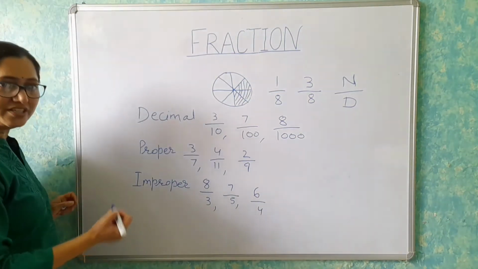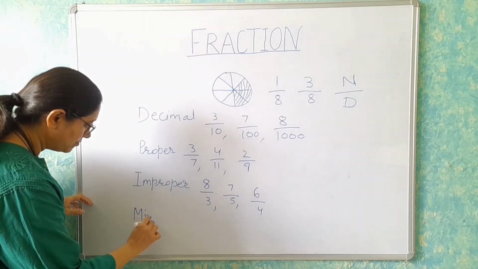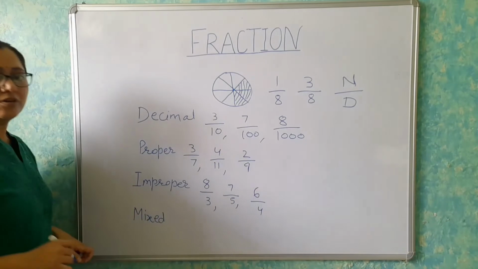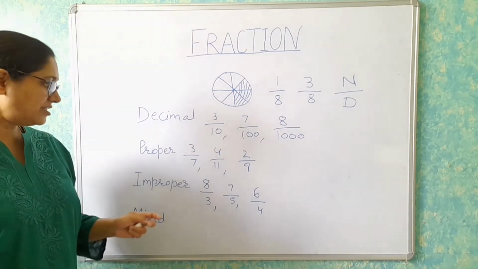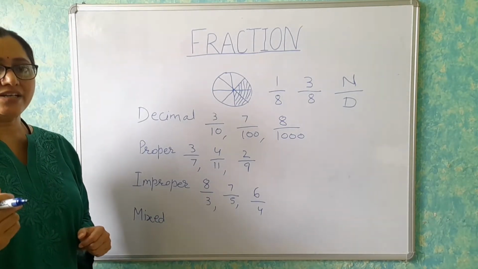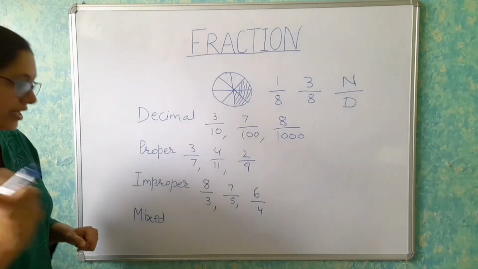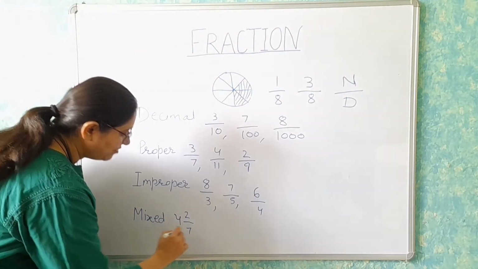The next fraction is mixed fraction. Mixed fractions have two elements. Actually, it is a sum of two numbers. One is a natural number and second is a fraction number. For example, 4 is to 2 by 7.